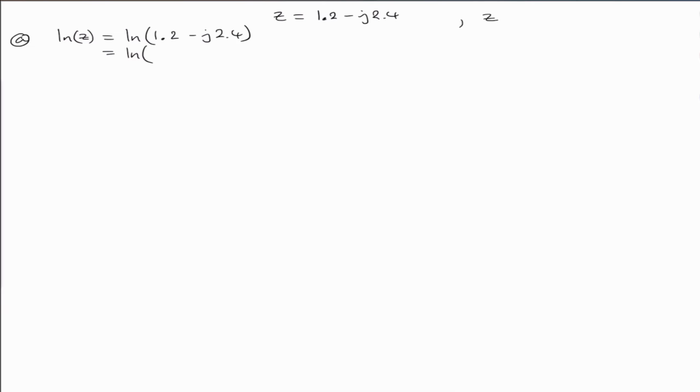So in polar form, the complex number z is equal to the magnitude of z times the complex exponential e to the j theta. We can take the magnitude, which is equal to the positive square root of x squared plus y squared. x is our real part, y is the coefficient of the imaginary part.